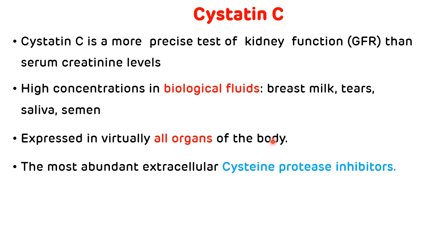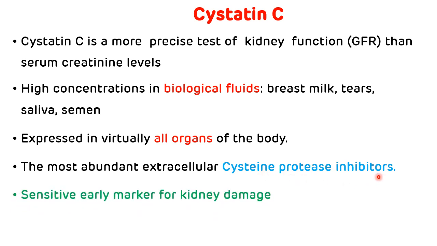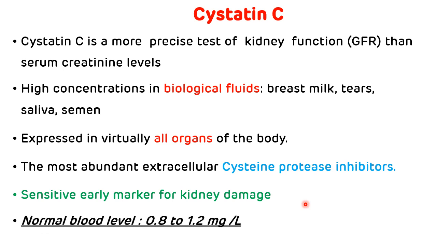It is the most abundant extracellular cysteine protease inhibitor, and it is a sensitive early marker for kidney damage. Its level is not affected by age, sex, and body mass. The normal blood level of cystatin C is 0.8 to 1.2 milligram per liter. So it is a more sensitive early marker for kidney damage as compared to creatinine.